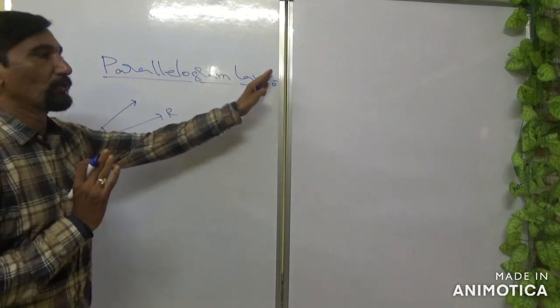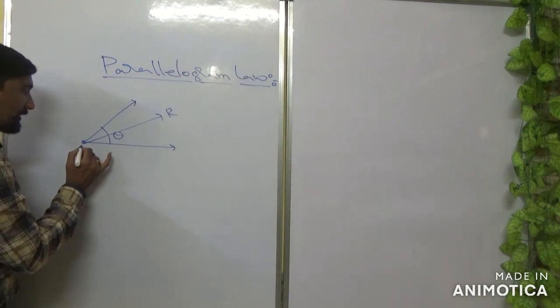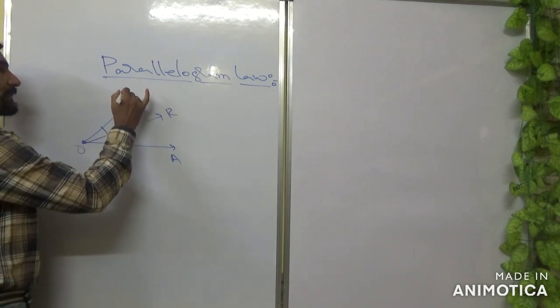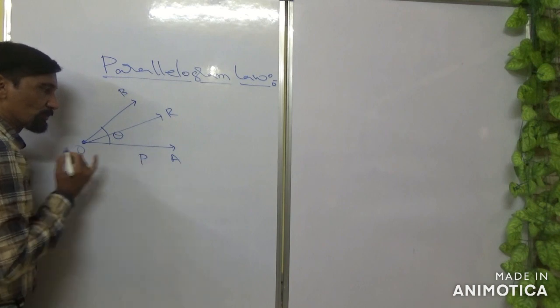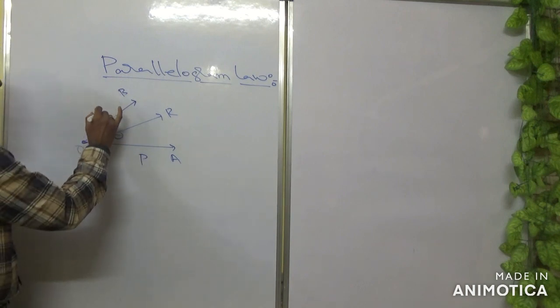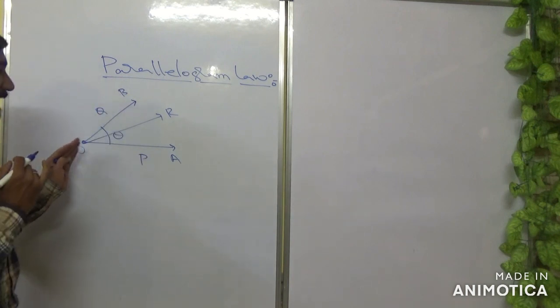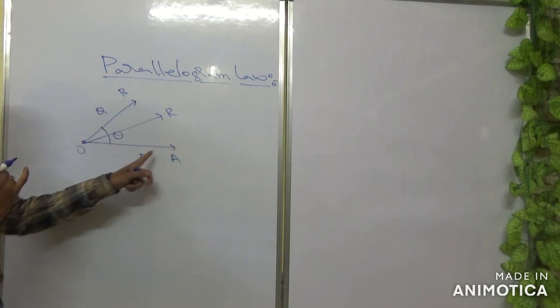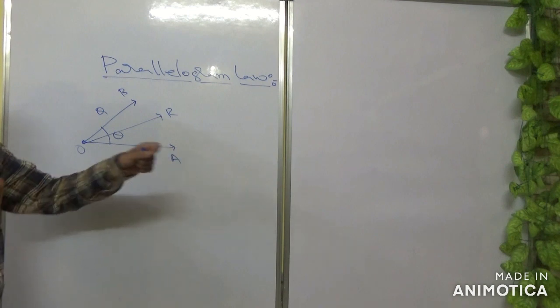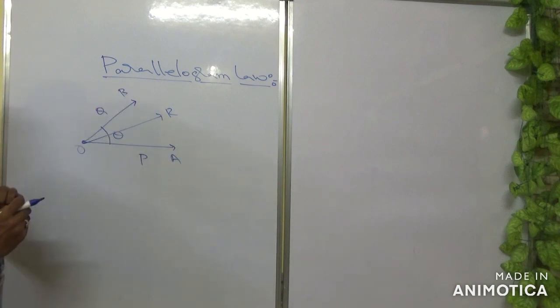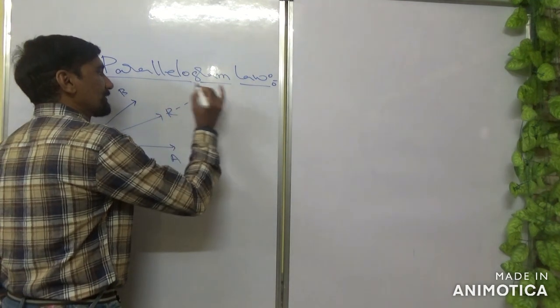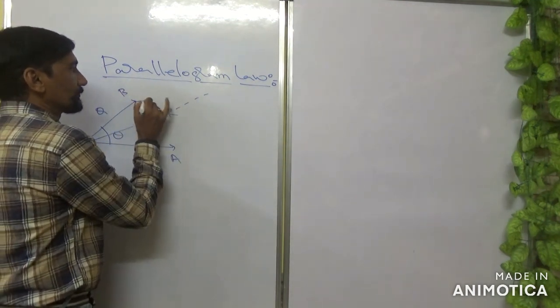That is the parallelogram law. So let us consider two vectors, say OA and OB, of magnitudes P and Q. You have taken two vectors, OA bar and OB bar. Magnitude of OA is P; magnitude means length. OB is Q. So this represents the diagonal, say OC.